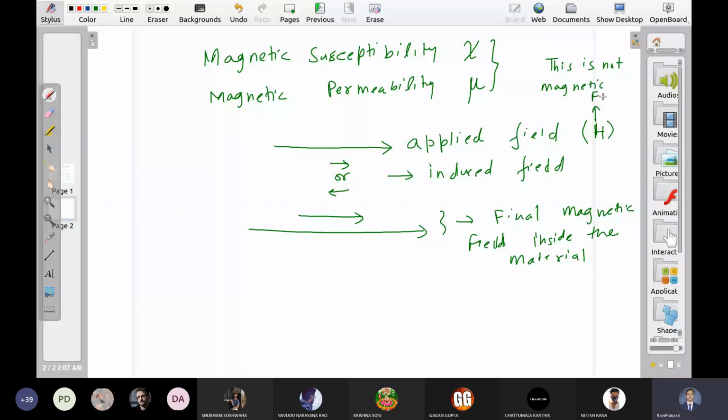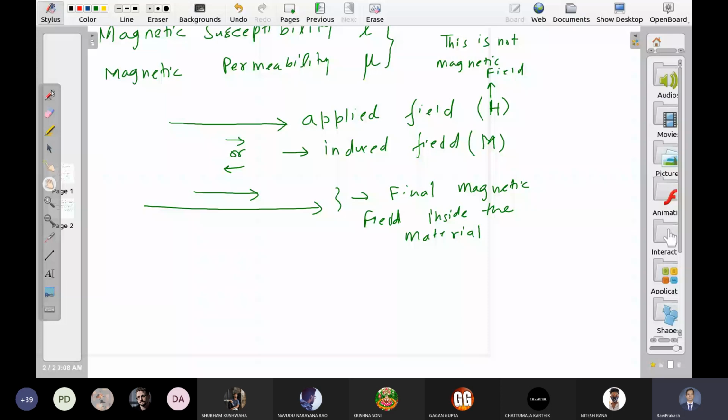The best choice is M, the magnetization, magnetic moment per unit volume. And this is the final field that we will get. This we represent by the usual symbol, magnetic field B.